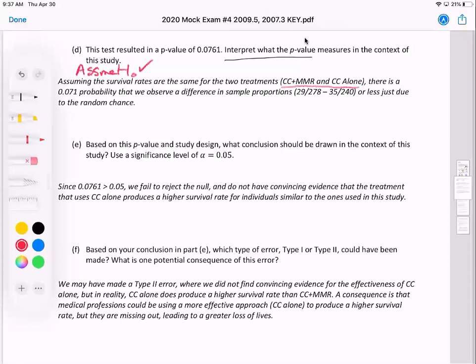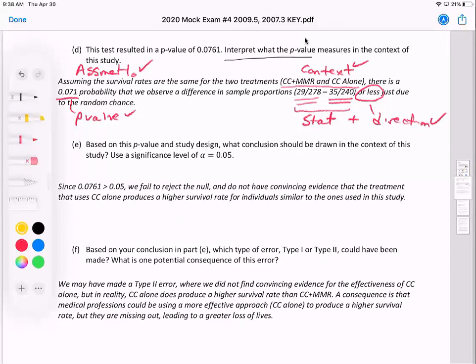We have context. There's a p-value, included that we observe a difference in proportions. This I had to calculate from the given information, but that's our statistic, or less, and that's our direction. So we have the 4 components.